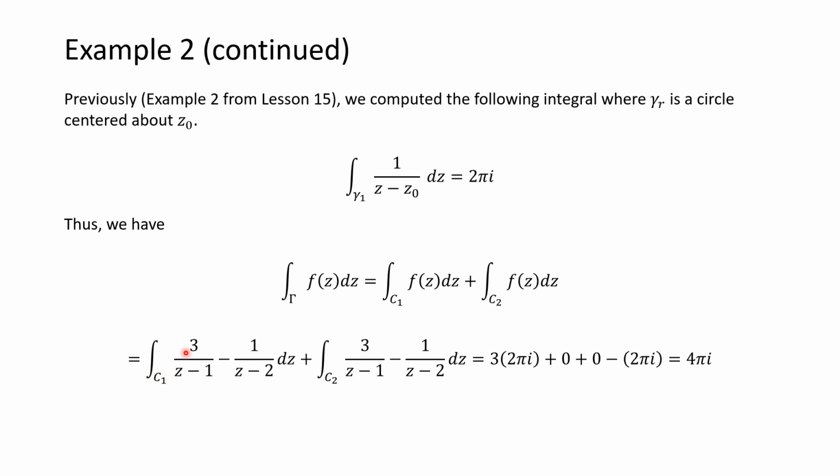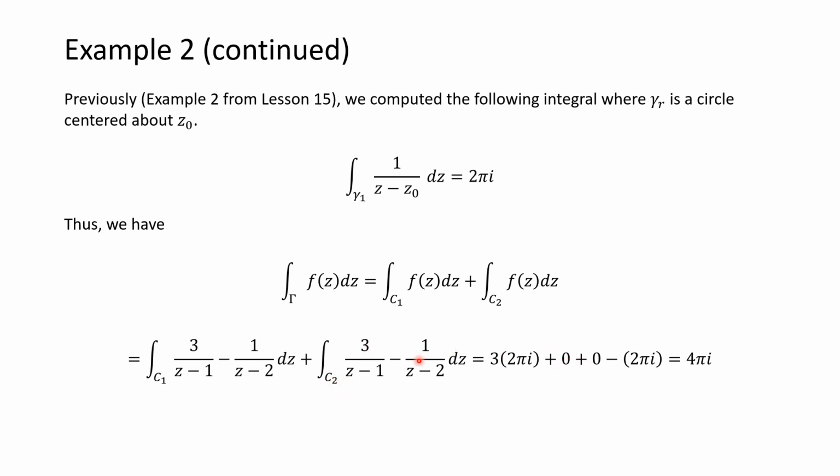So that integral is 3 times 2 pi i. Then the second part is 0, because the singularity 2 is outside of the circle C sub 1. So the integral of this is just 0. And then when you're using this again on the first part, actually 1 is outside of the circle centered about z equals 2, so this one's 0.